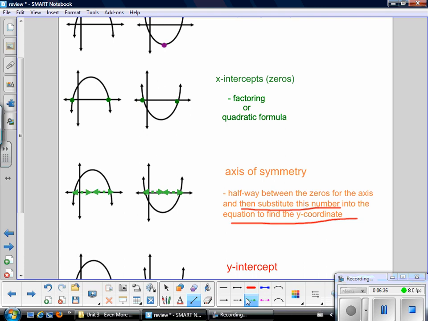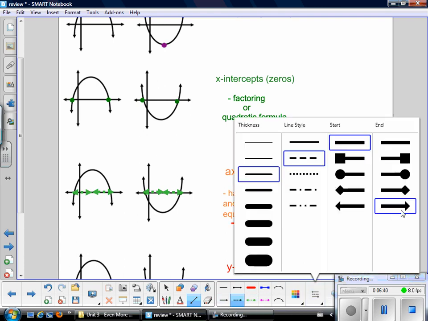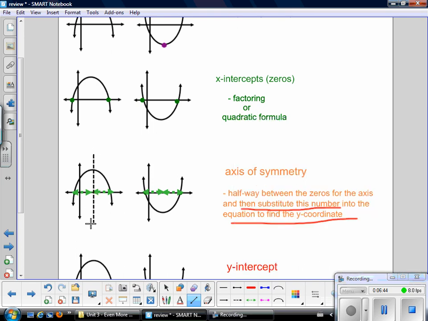That x value then becomes our axis of symmetry. Now if we know the x value, we can use it to find the y value for our vertex. So it works that way as well.